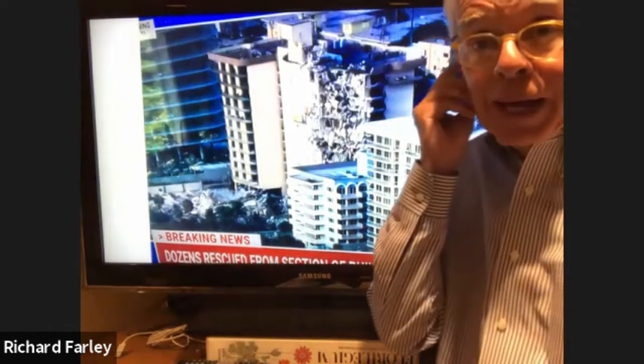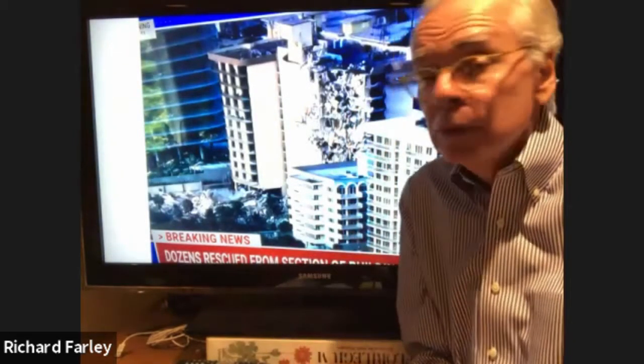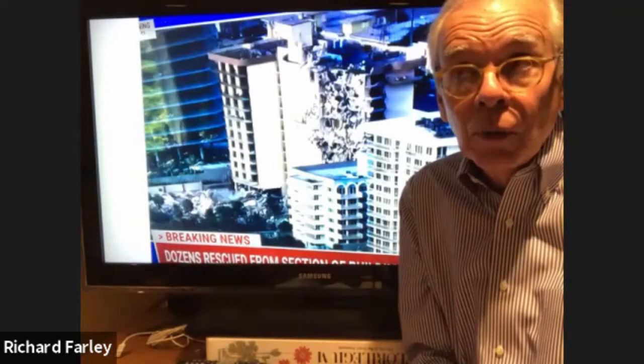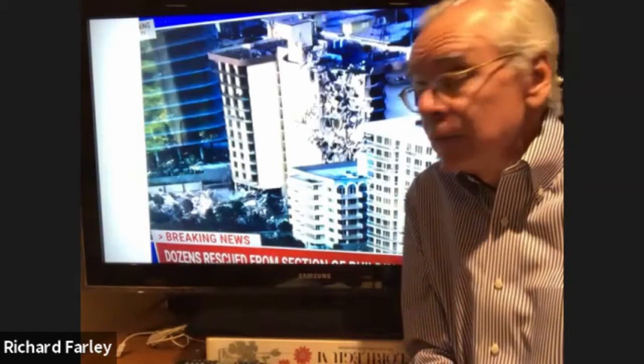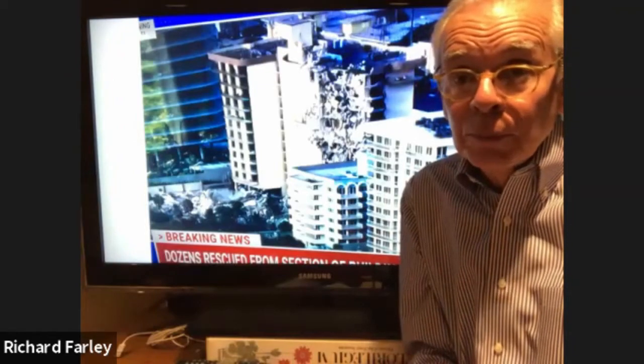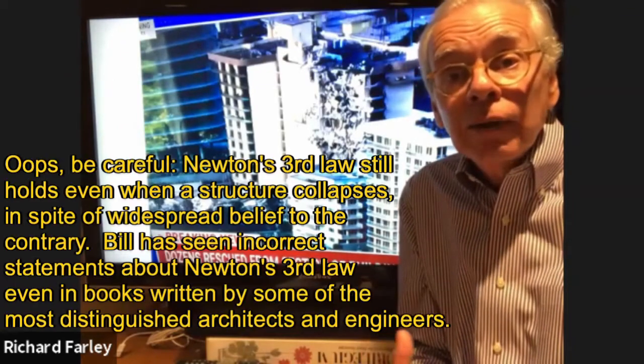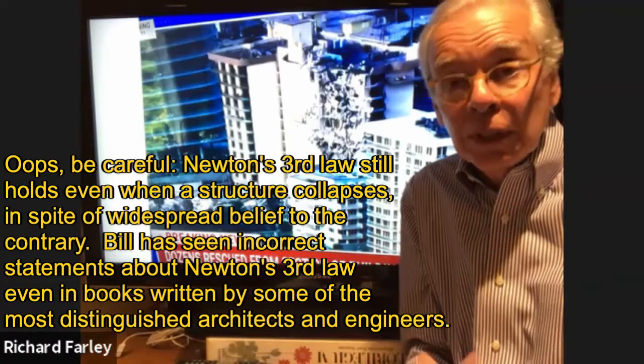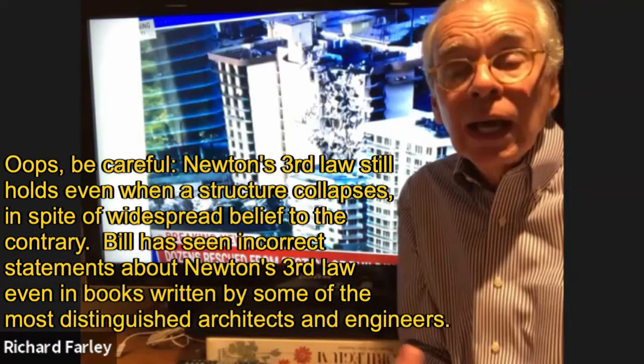But there have been setbacks, and this is the condominium that was unfortunately subject to a collapse a few months ago in Miami, Florida. Obviously, at play here was not stability, that Newton's every action equals opposite reaction was not happening here. And what happened was that the building could not support the load that was on it and collapsed.